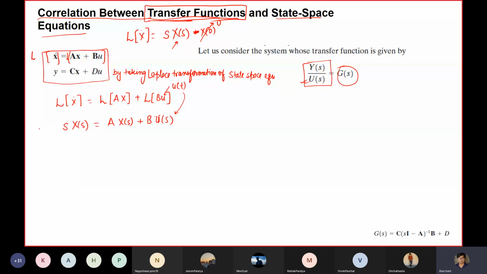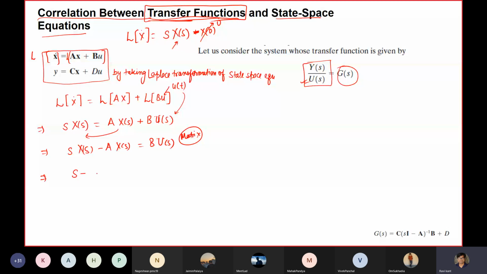Okay, now what we'll do is bring this term to the left side, and we can write sX(s) minus A X(s) is equal to B U(s). This I can write comfortably since you are doing things in a matrix way. So s is a scalar, so we need to write this in matrix form.